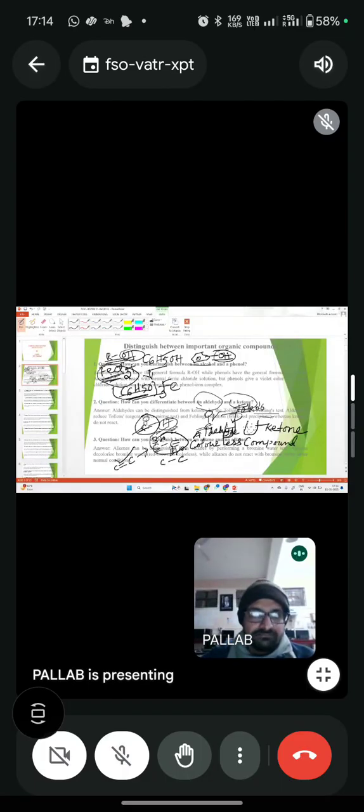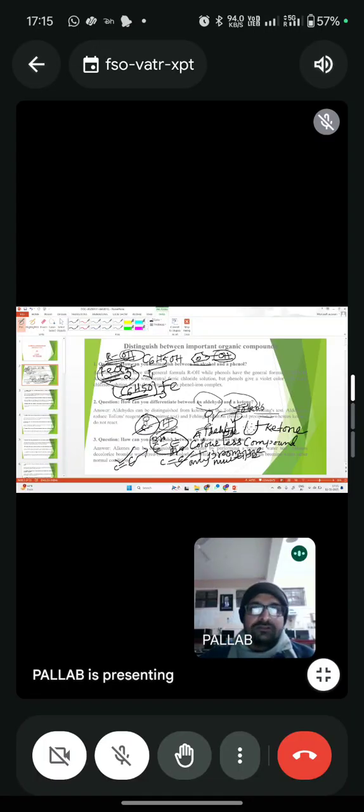So when we use bromine water to distinguish between alkane and alkene, the alkene will give us a colorless solution. But in the case of alkane, it will not react with bromine water because alkane does not contain any multiple bond to connect with.